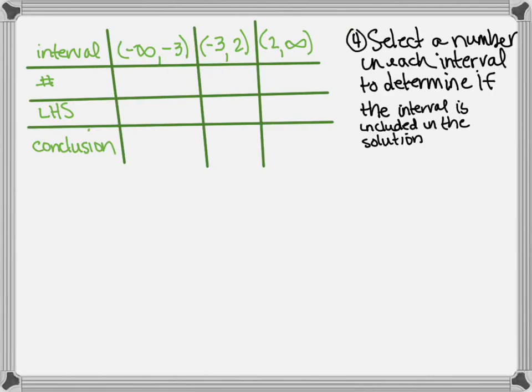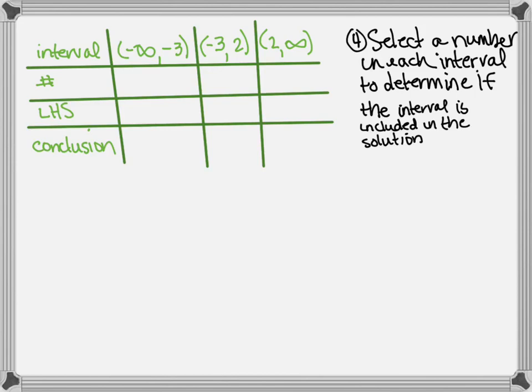So our step is select a number in each interval to determine if the interval is included in the solution. You can choose any number that is in these intervals. You do not want to choose an endpoint, because these intervals have curved parentheses, so the endpoints are not included.